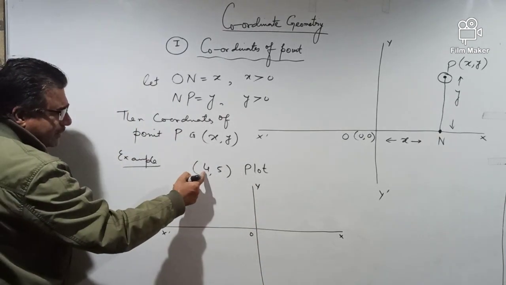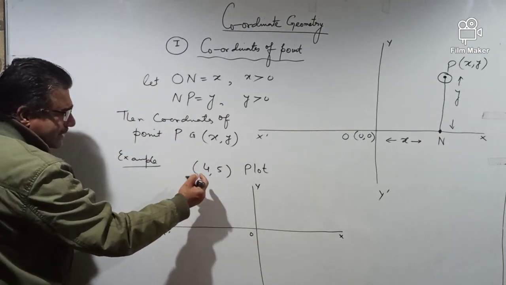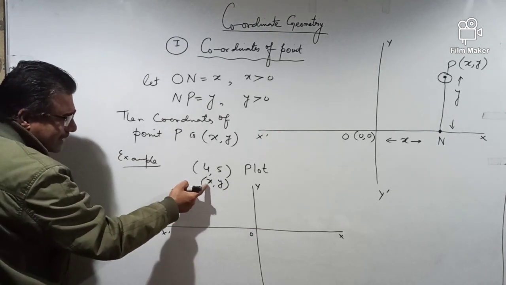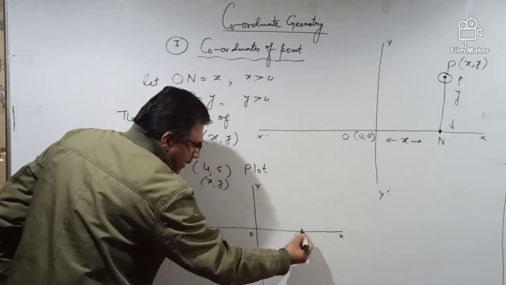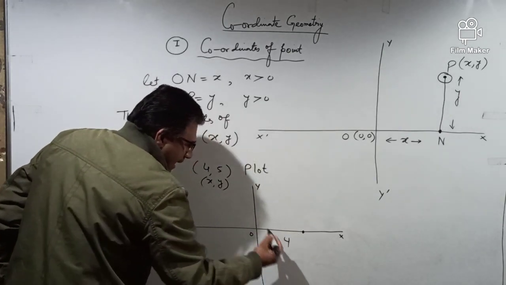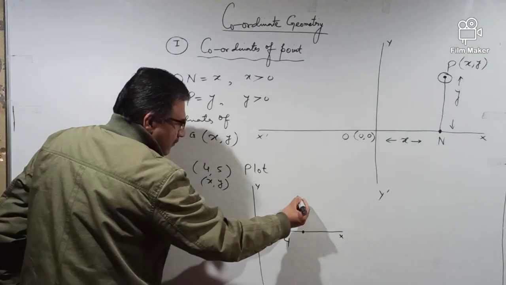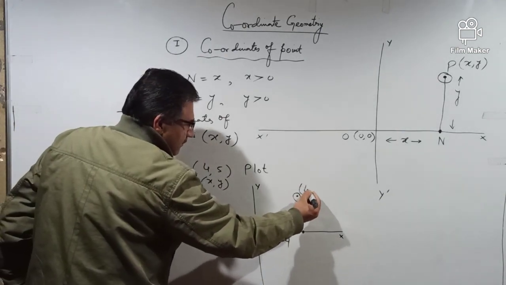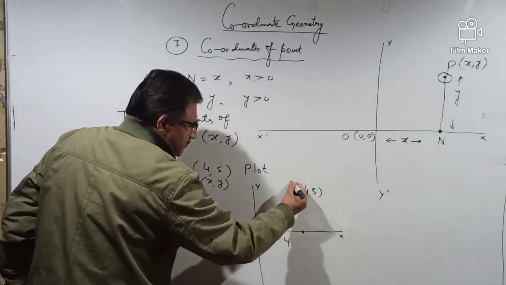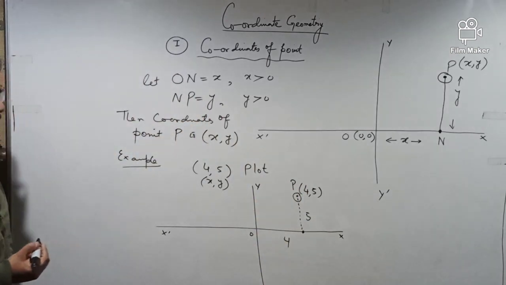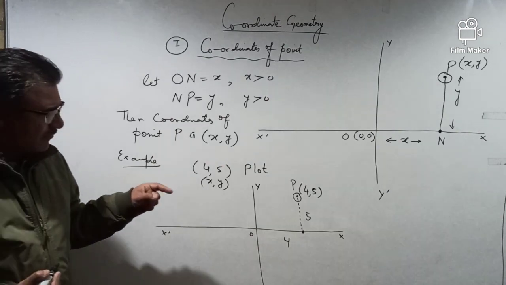Let us suppose I have to take 4. 4 is x and 5 is y. So along x-axis I will go 4 in this direction. And I will go along y-axis. Y is again positive. I will go in this direction 5. So the coordinates of this point P are 4 comma 5.